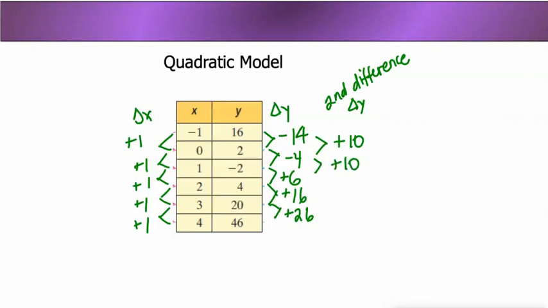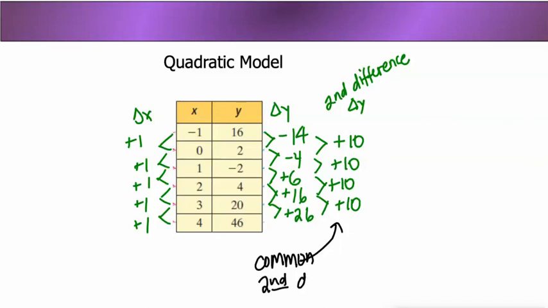Add 10, -4 plus 10 is 6. Yeah, 6 plus 10 is 16. 16 plus 10 is 26. That second difference is common. So we have a common second difference. Therefore, we have a quadratic model.